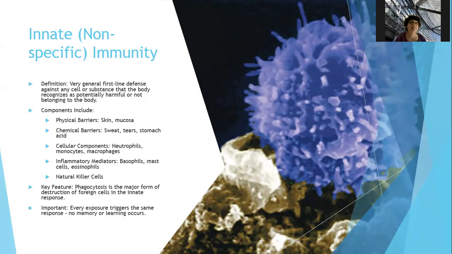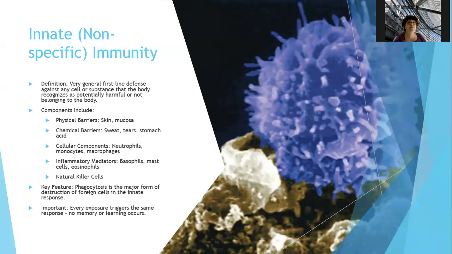So our innate non-specific immunity is our very general first line defense against any cell or substance that the body recognizes as potentially harmful or not belonging to the body. So the body has to identify your own cells as self cells, and anything that isn't identified as self cells is non-self, and that's what the immune system is going to combat.